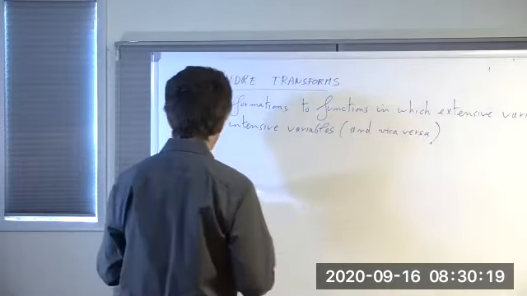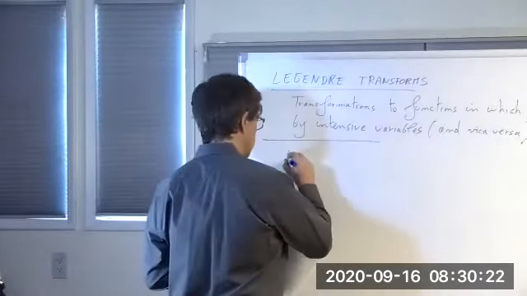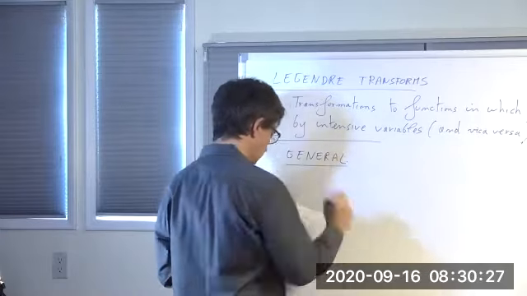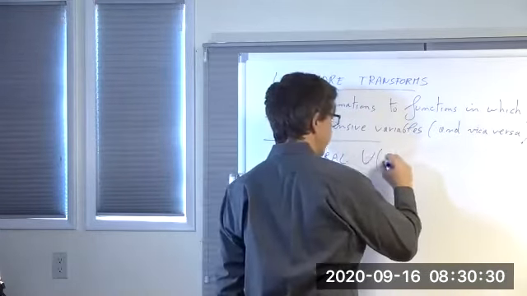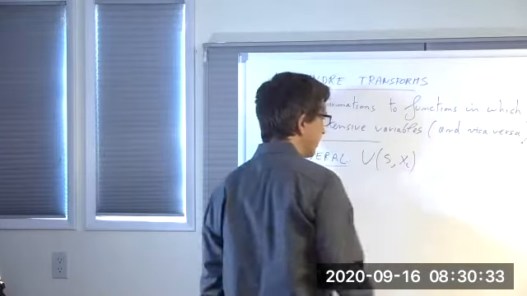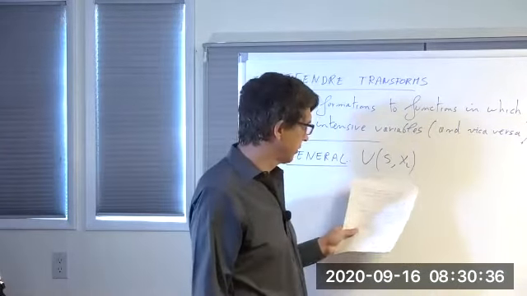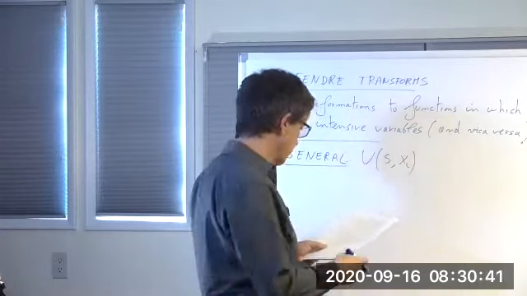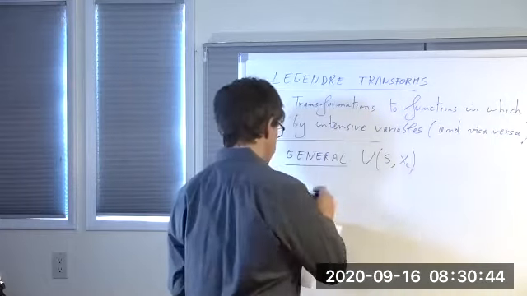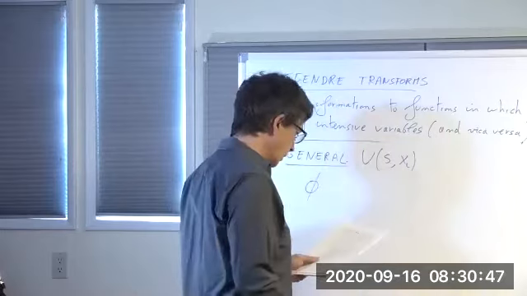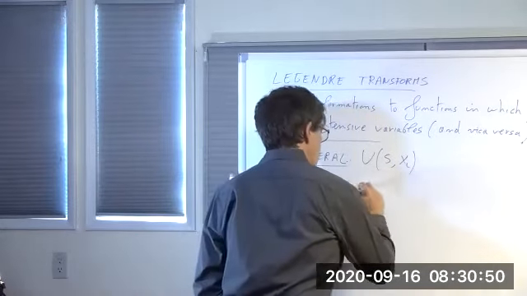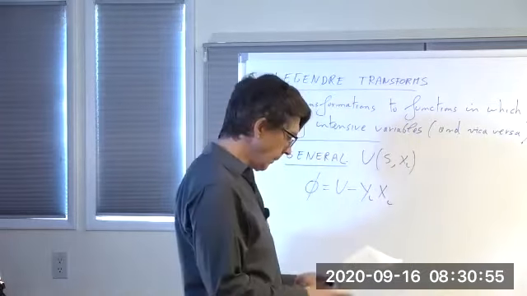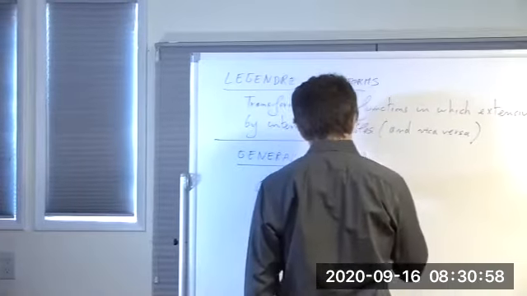Okay, so in general, if we start with the internal energy as a function of entropy and x_i, think of x_i as a set of extensive variables, it's not just one, then I could define the Legendre transform phi as U minus one particular conjugate pair y_i x_i. That leads to a characteristic function.